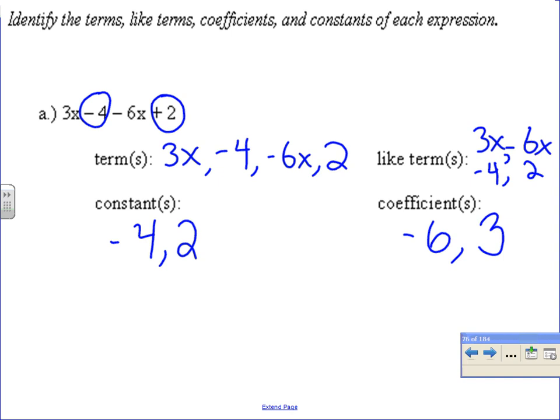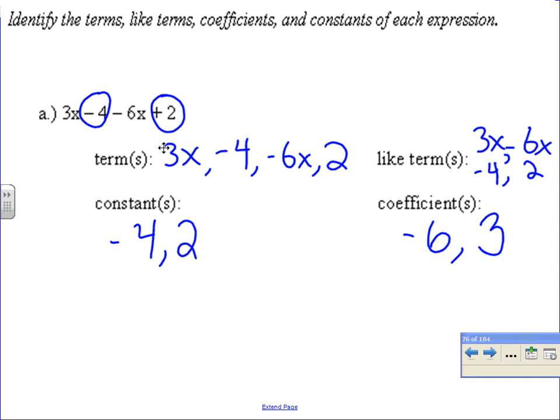A constant has to be a number, Charles, all by itself, separated by addition or subtraction, not multiplication or division. For this section, yes. When we talk about terms, yes. Okay. Any other questions on this problem? We need to stay on track.